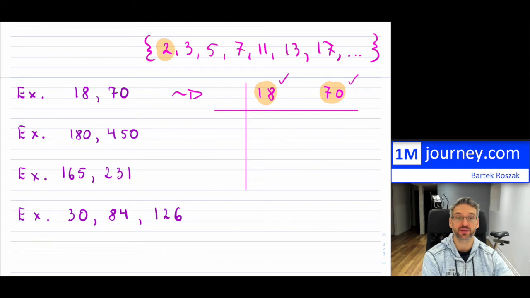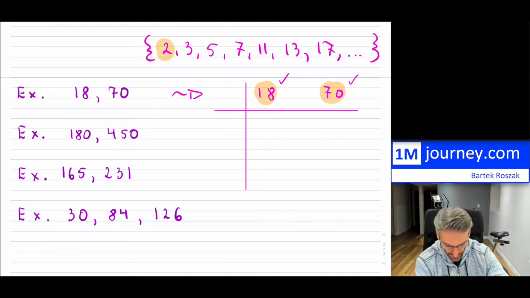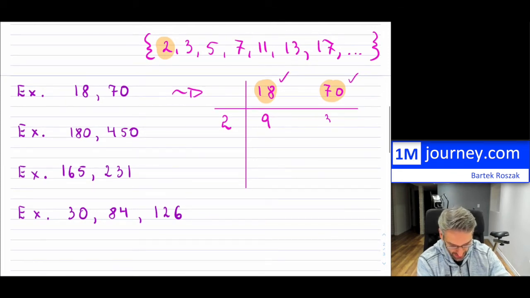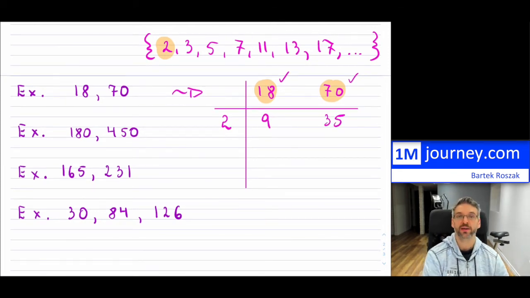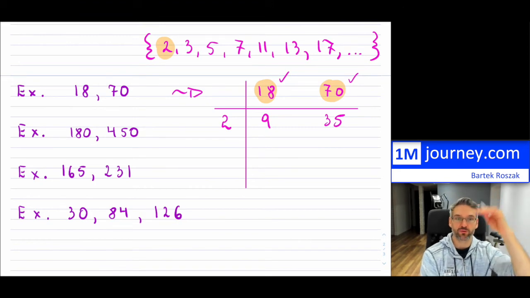Yes, it does, because both numbers are even. So I'll write the 2, and then I'll divide these by 2, which gives me 9, and then it gives me 35. So it basically reduces my original numbers by that factor. But all I've done really is just division. So 2 is going to be a common factor of both 18 and 70.